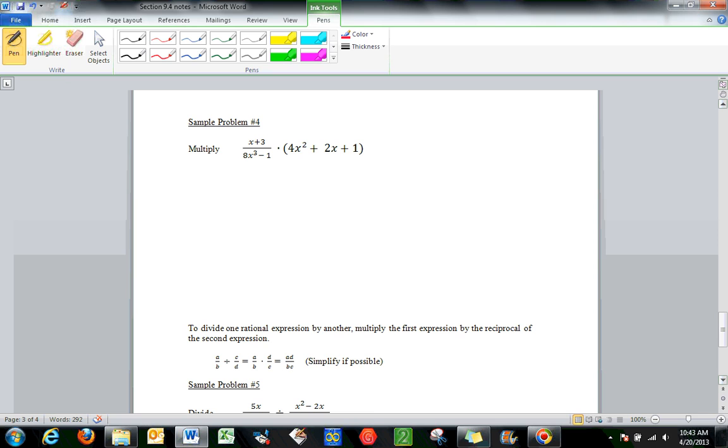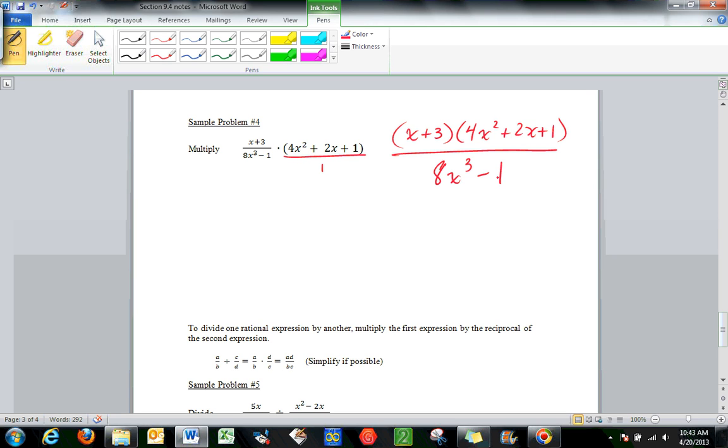Okay, hopefully you figured out that, first of all, if you want to write two fractions, that's basically saying the same thing as being over 1. So now what you really have is this. You have x plus 3 times 4x squared plus 2x plus 1 all over 8x to the third minus 1.